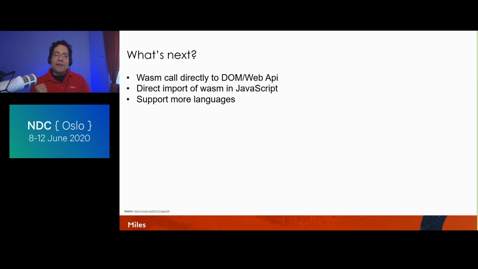And then in addition, they would like to support more languages. As of now, one of the criteria for a language to be able to compile down to WebAssembly is that you can't have a garbage collector. So for example, Java is not supported as of now.